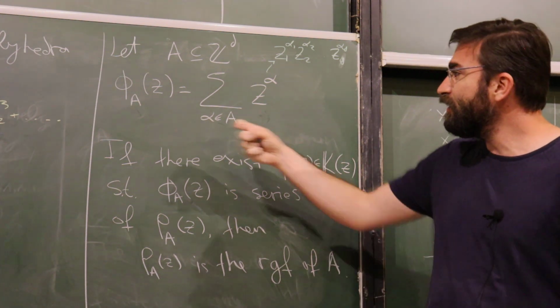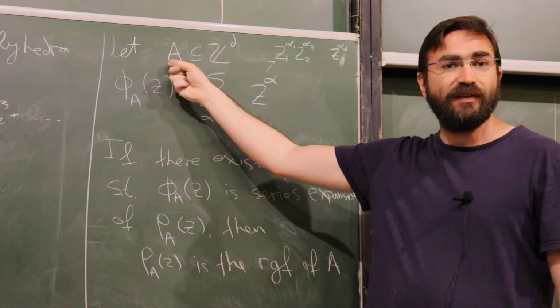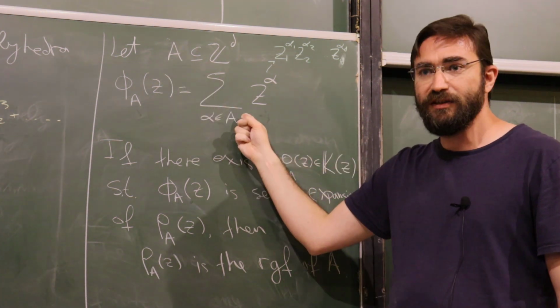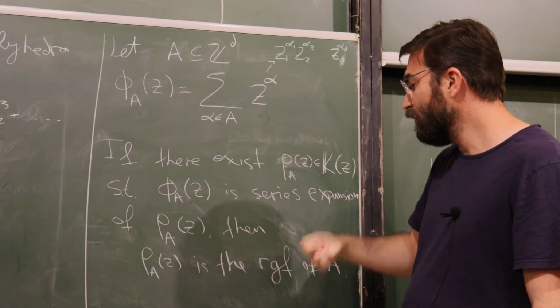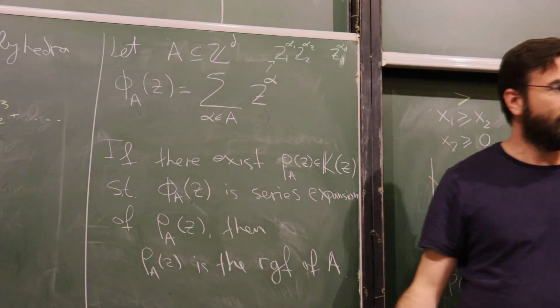If A is an infinite subset, this is an infinite series, and I still cannot write it down. But this rational function may be way smaller.